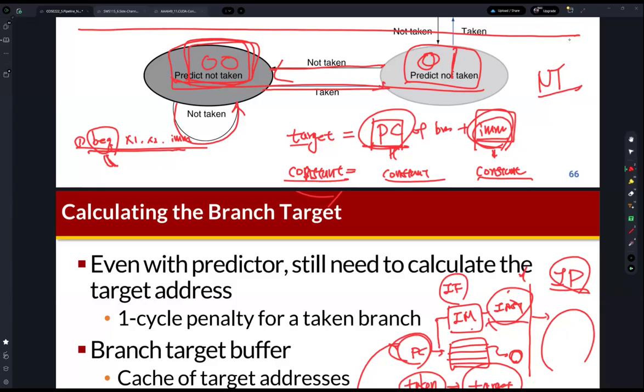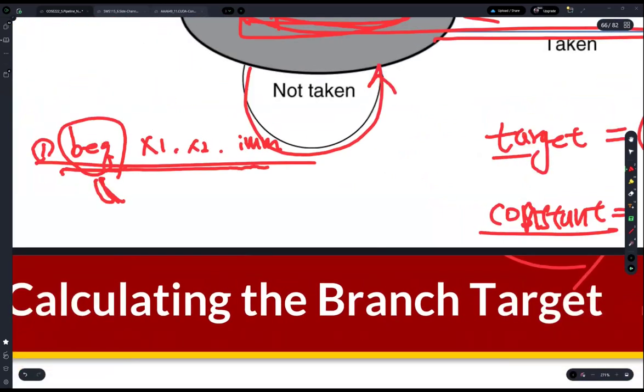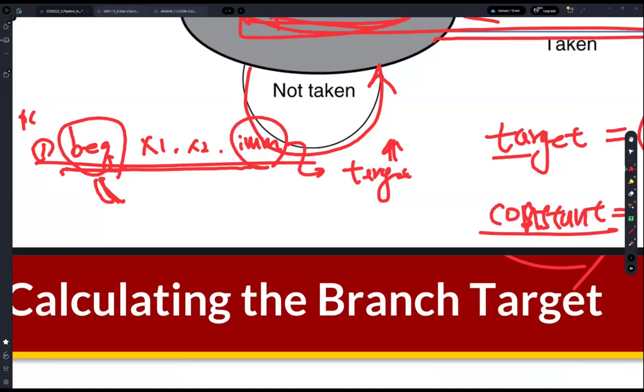Once this branch instruction is executed, the immediate is constant and the PC is constant, so we can get the real target, and this target is also constant. Do you understand? So once the branch instruction is executed, we know the target of the branch instruction.